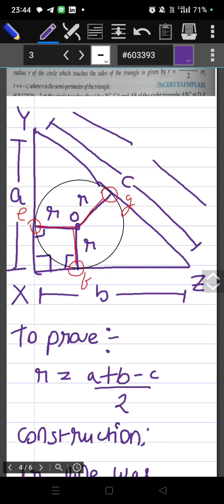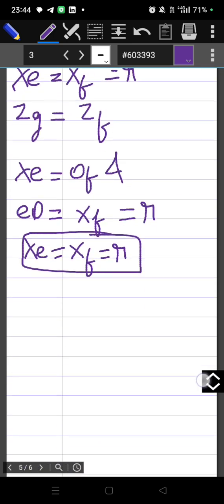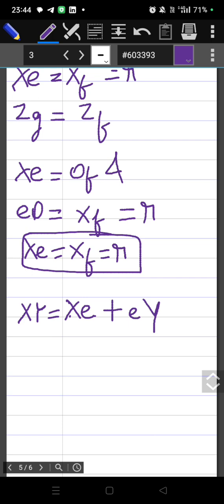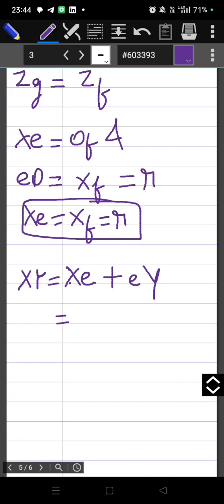If I expand XY, it will be XC plus EY. Just let me write it properly, XC plus EY. So now we know that our XY is nothing but a, in lengths.